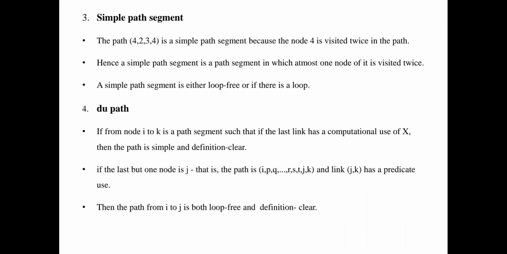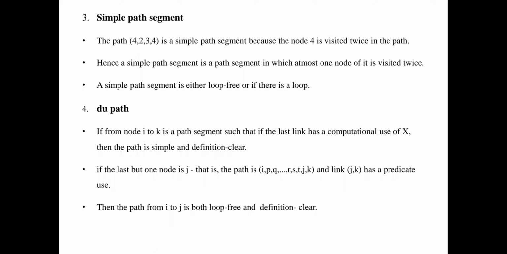Up to I to J, the previous links should be loop free. The link J to K should have one predicate, one condition, and the previous links from I to J should be definition clear and loop free. The remaining links from I to J should not contain any predicate.